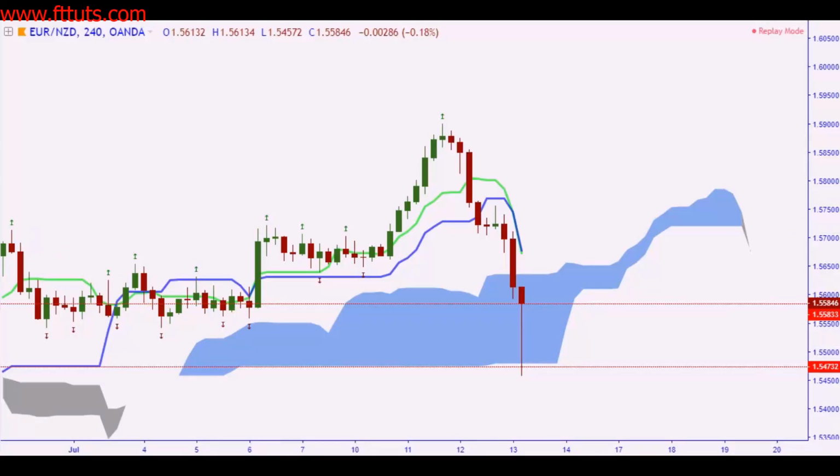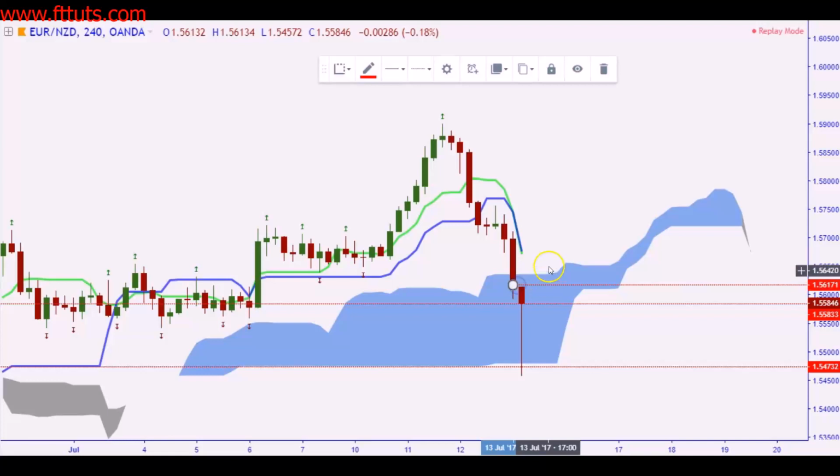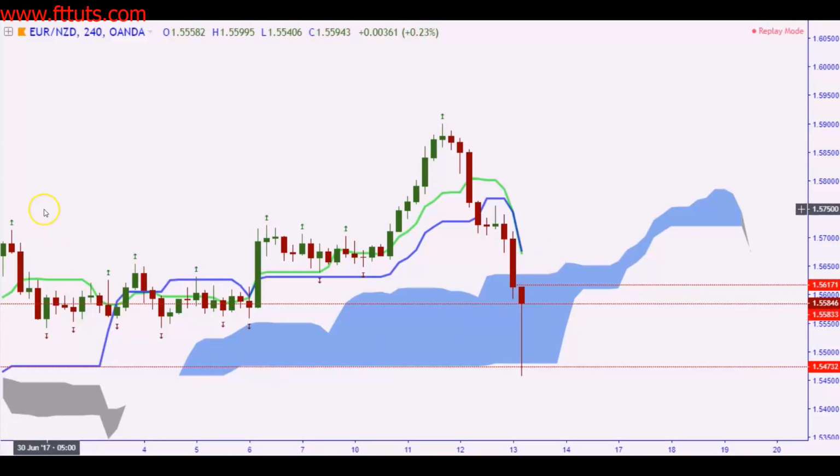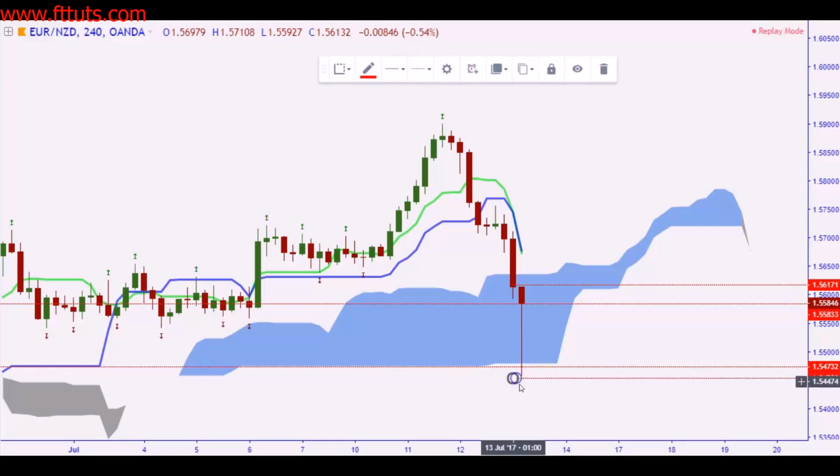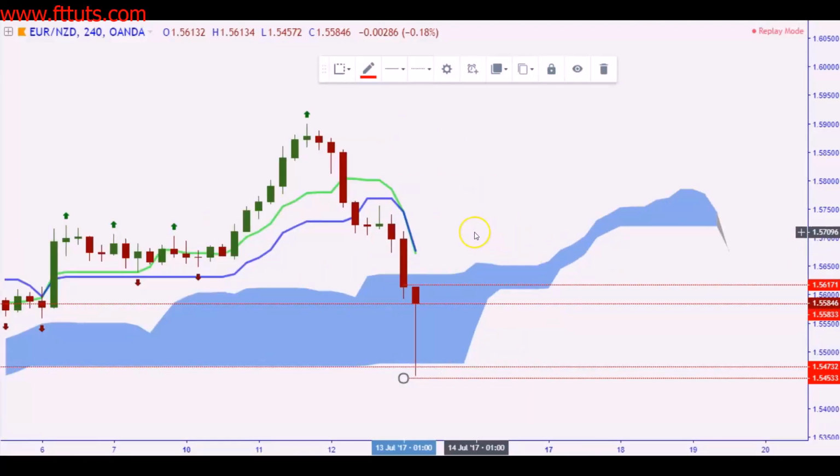So we would definitely start our entry. All right, so we're going to enter the market, and we put our entry slightly above our candle. All right, and our stop loss would have to be below the candle. In this case, let's say we're about 40 pip stop loss, but in reality it's 100 and something. But I just want to use this example to show you how I'm walking these candles.